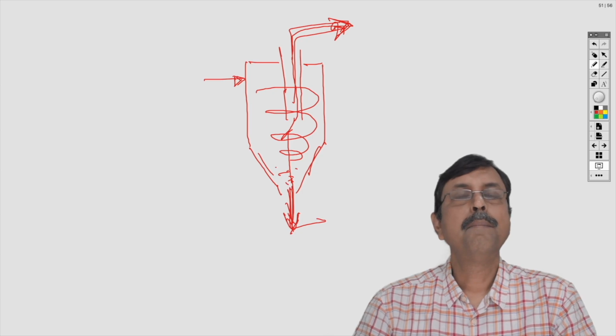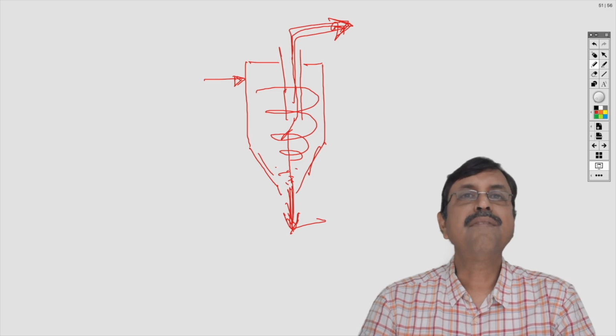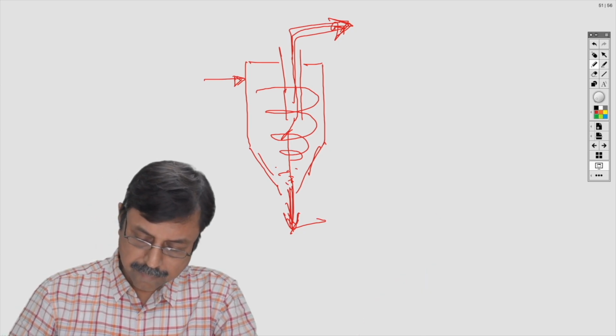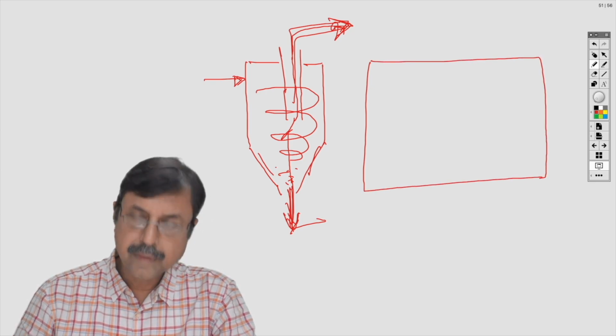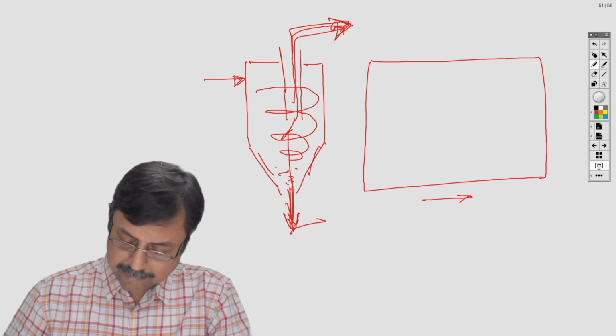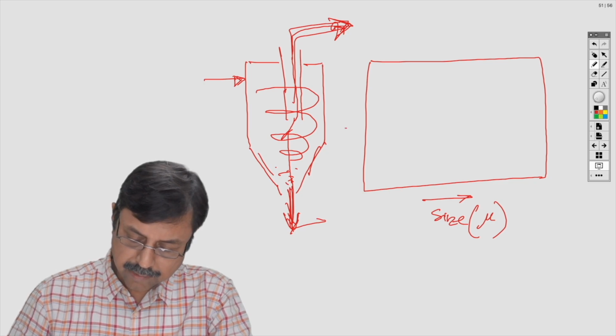Now we can perform some experiment with the cyclone separator and obtain the efficiency ourselves. For instance, if we have an XY curve, say this is the XY plot, this is the size, say in micron, and this is the efficiency, typically given by eta.